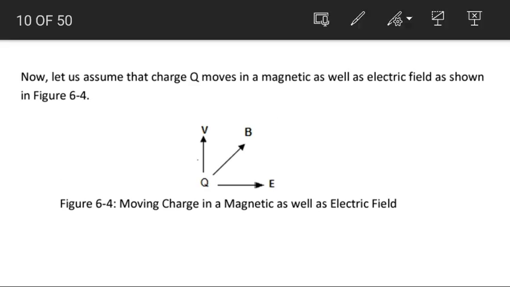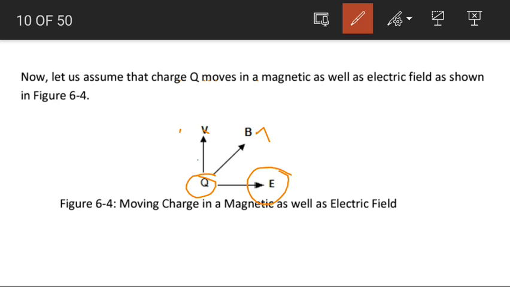Now let us assume that this charge of Q coulomb moves in a magnetic field as well as electric field as shown in figure number 6. So in figure number 6 we have got a charge of Q coulomb which moves with a velocity of V in a uniform magnetic field B and in an electric field E. So there is a charge which is in motion in a magnetic field as well as electric field.